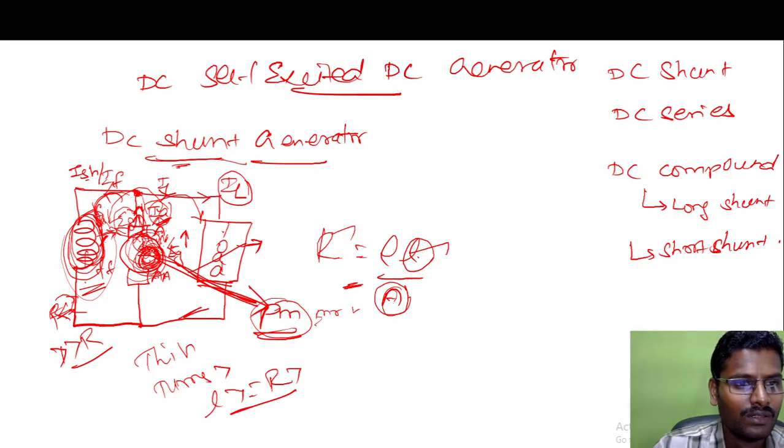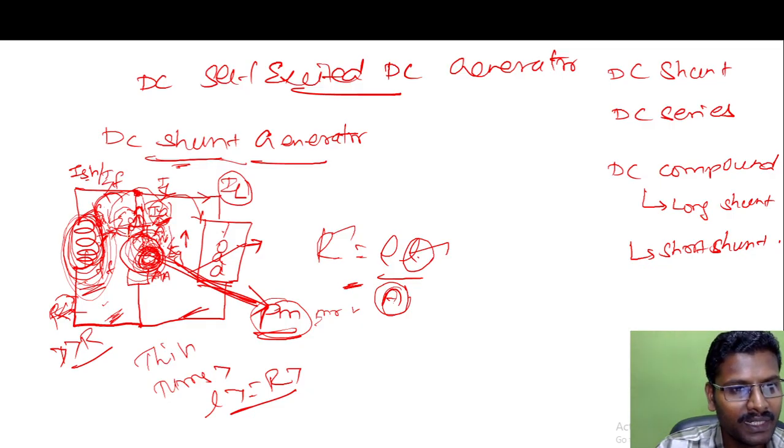So in DC shunt generator, a thin coil with a large number of turns will be placed in parallel with the armature coil, right? The setup is made to excite the field coil with the help of armature current, right?